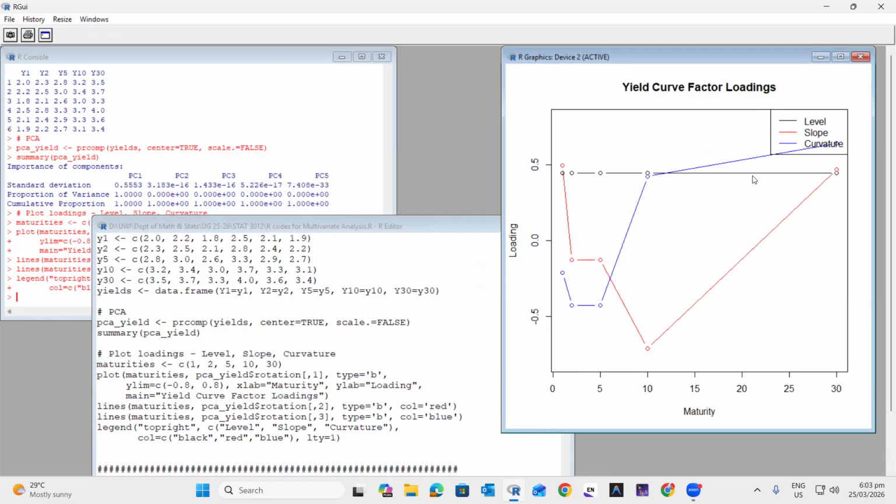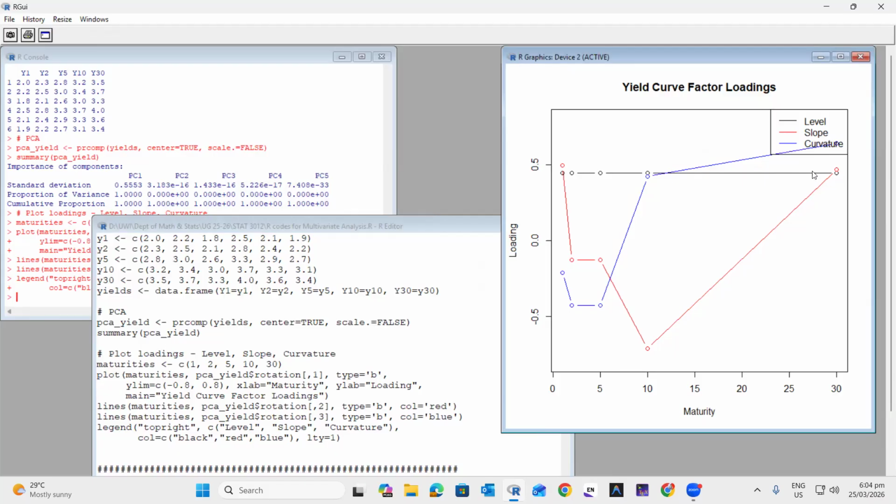The loadings are approximately equal and positive across all maturities, at approximately 0.45. It means that PC1 shifts all the yields up or down together. Basically, it's a parallel shift of the yield curve. This is called the level factor.